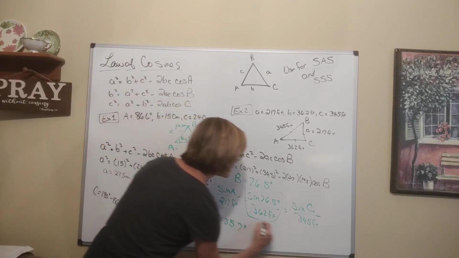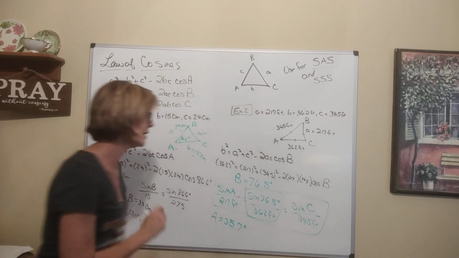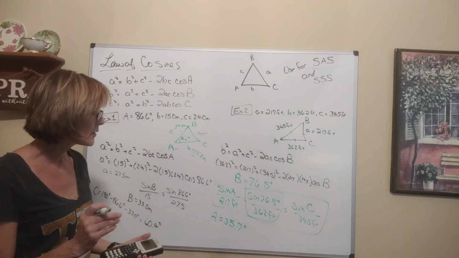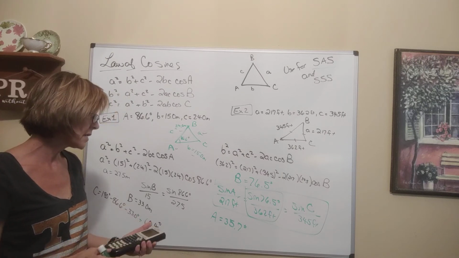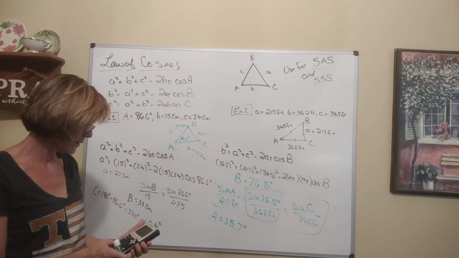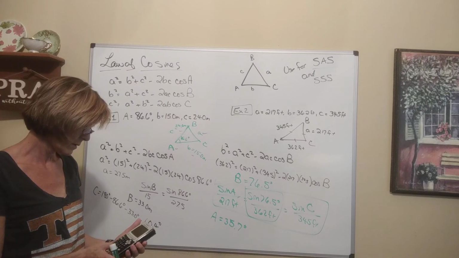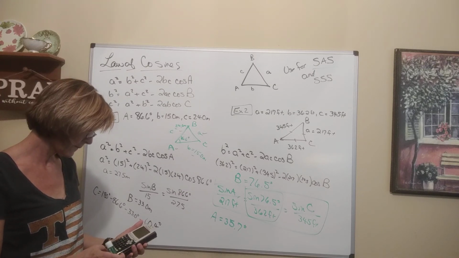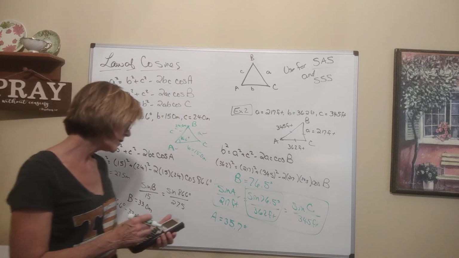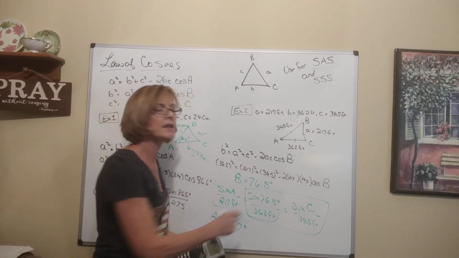So I'm going to use this information right here to solve for C. So this is how it goes. 345 times the sine of 76.5 divided by 362 gives me 0.9267, and that is what the sine of C equals.